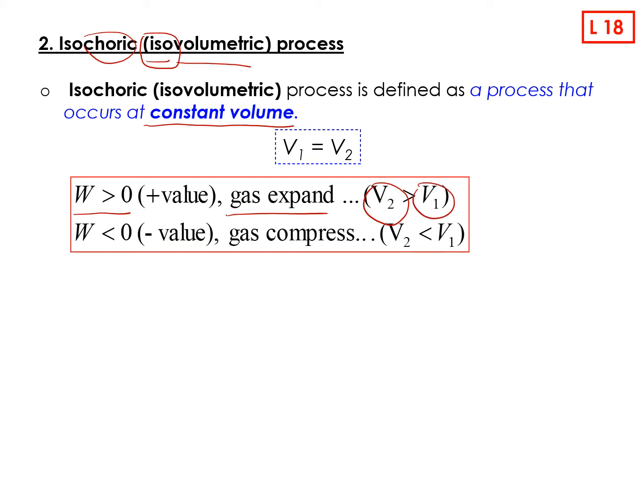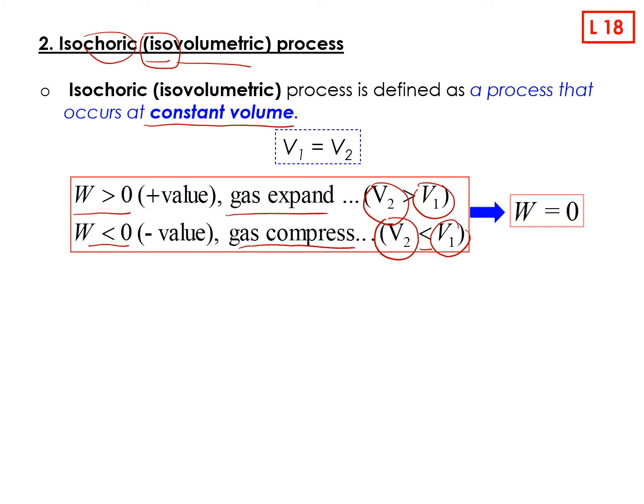If we have a negative value of work done, which is work done less than 0, it means the gas is compressed. When the gas is compressed, the final volume will be less than the initial volume.